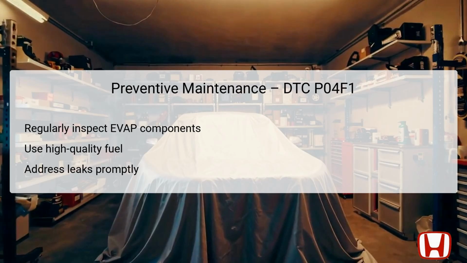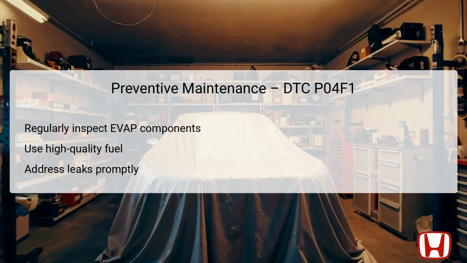Regular inspections of the EVAP components, such as the canister, valves, and hoses, can help identify wear and damage before they become significant issues. It is also crucial to use high-quality fuel, which can reduce contaminants that may block the EVAP lines.